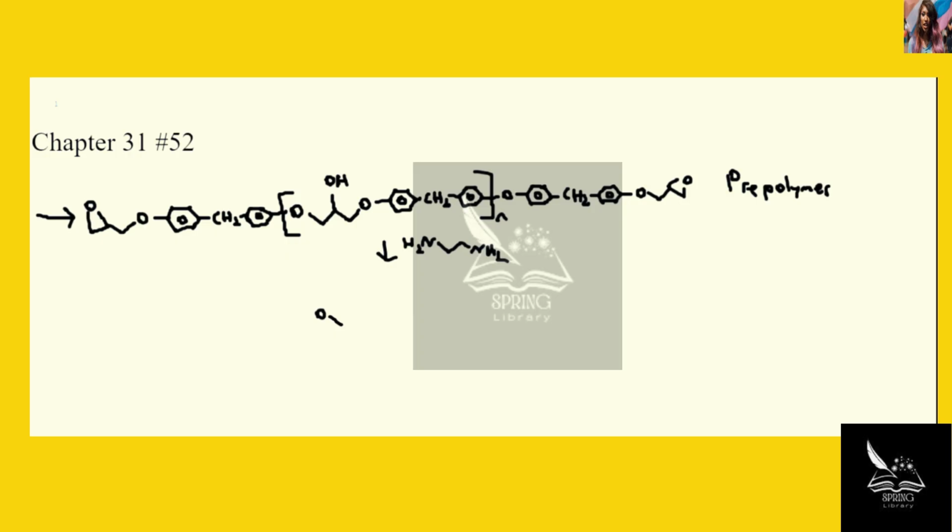So we can start with our prepolymer unit's central core here. Okay, so there's what we drew just above it and called the actual repeating subunit of the prepolymer.